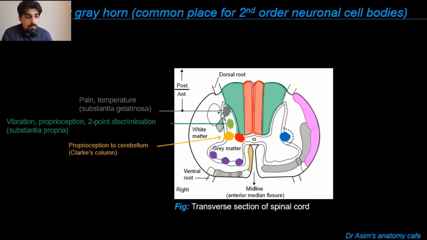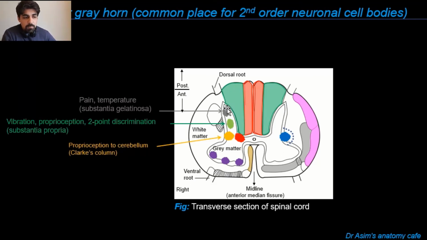So you can see there are different neuronal cell bodies over here, which are in most of the cases the second order neuronal cell bodies, and they are receiving the sensory information from the first order neurons, and the first order neurons of different sensory pathways share a common course, and therefore we discuss the first order neurons together.